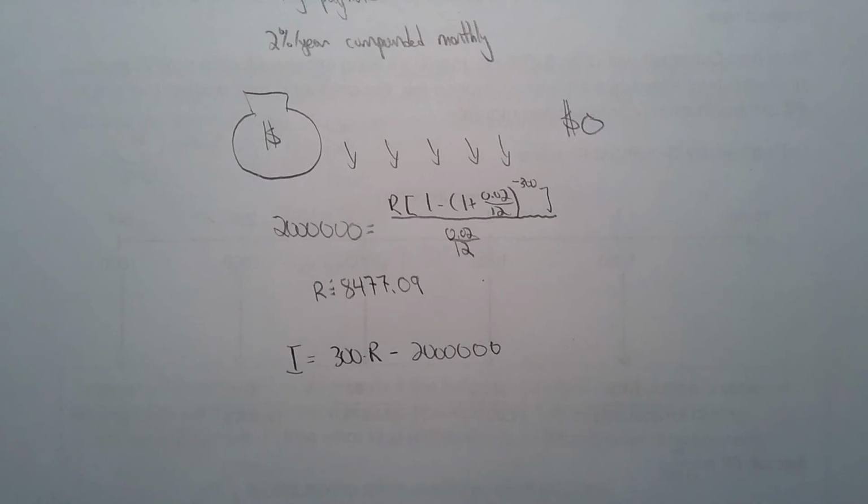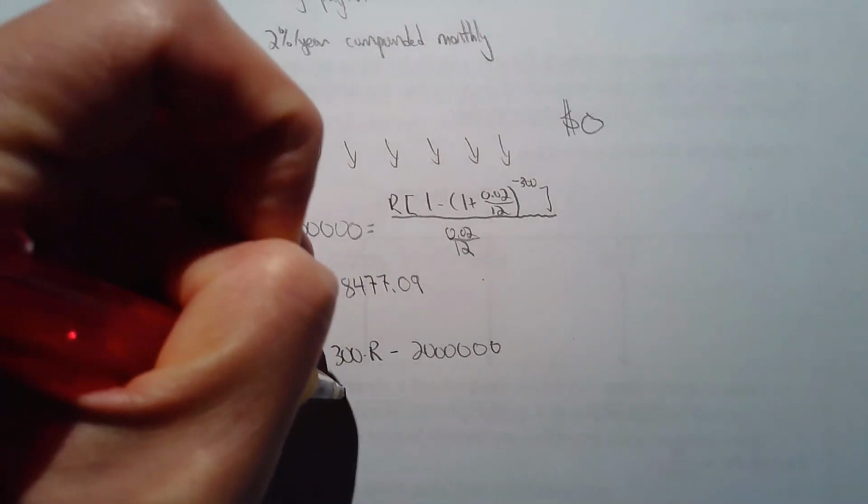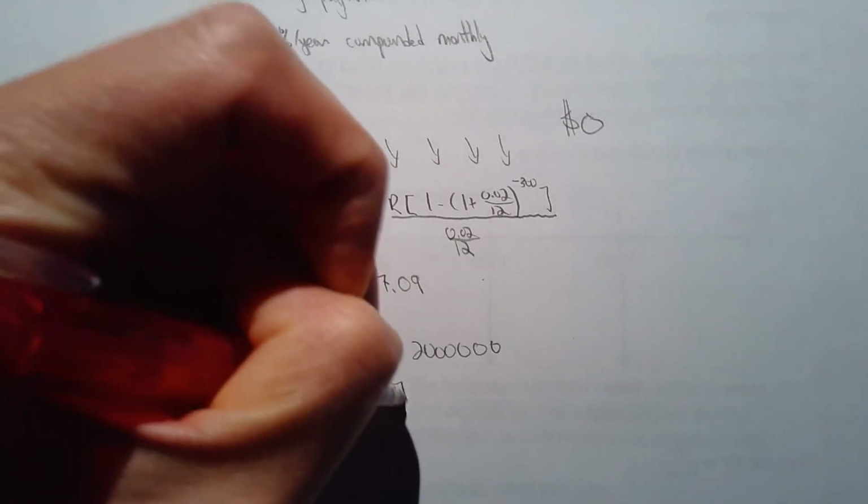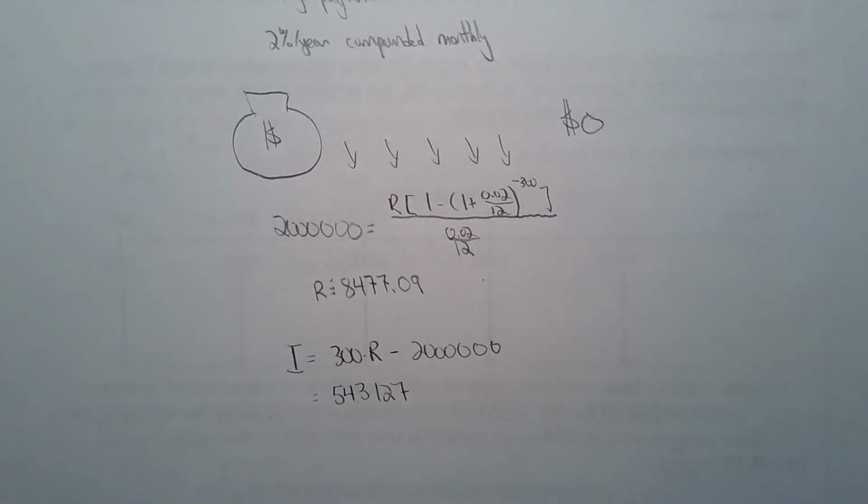I'm going to take that $8,477.09, multiply by 300, and subtract 2 million. So you paid $543,127 in interest. That's actually not that bad.